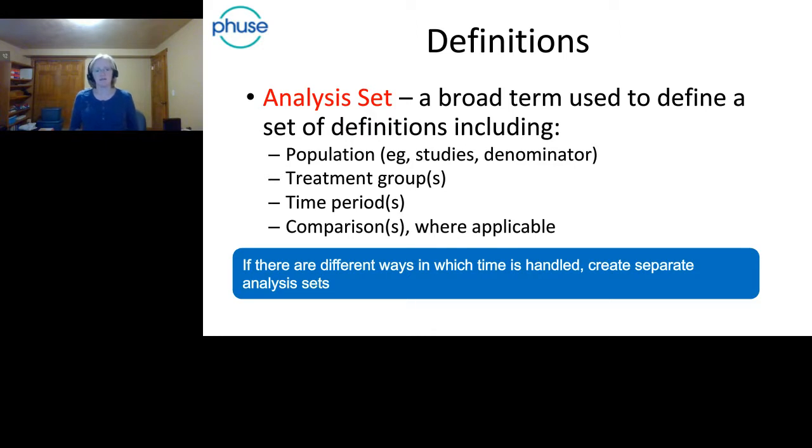What are the treatments going in? How are you handling the time periods? How are you defining baseline? How are you defining post-baseline? And then what comparisons are you making? All of these together define a particular analysis set, so that when you're writing up results in a study report or in a submission document, you will have different analysis sets, and these can be defined and then referred to in your writing.